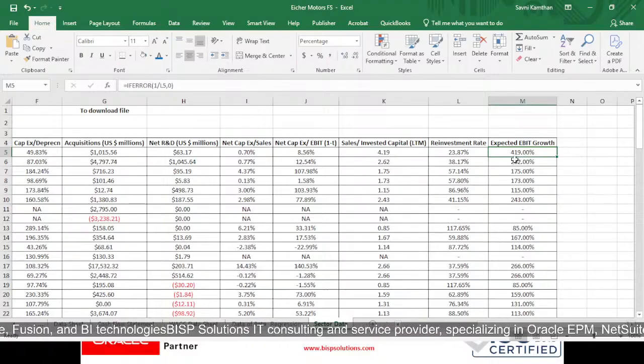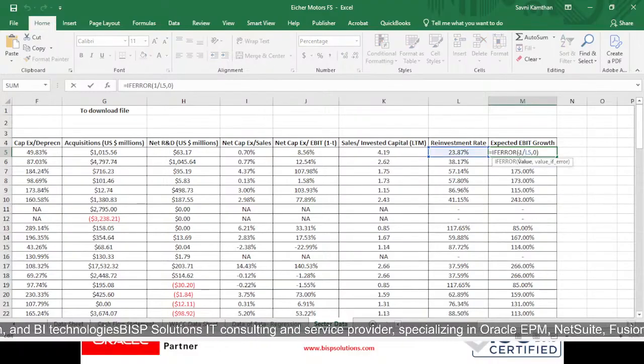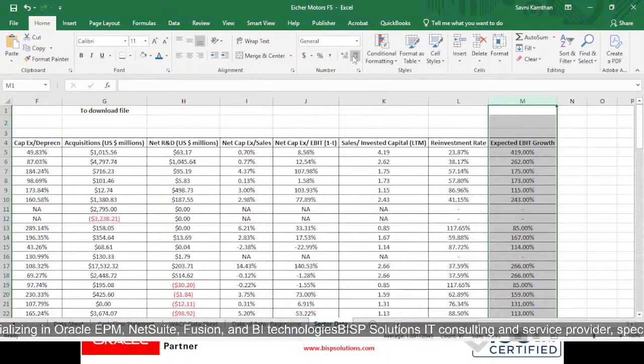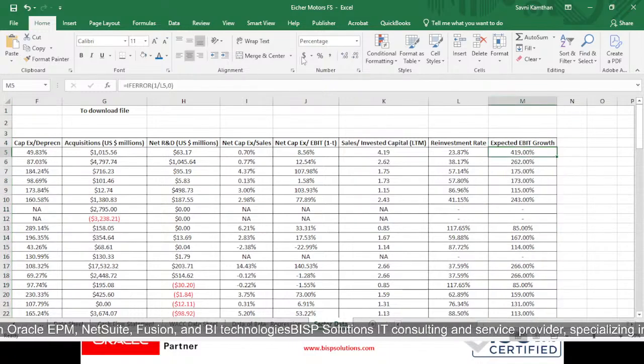For expected EBIT growth, what I have done, I have taken IFERROR again, and I have divided 1 by my reinvestment rate, and I will be getting my expected EBIT growth, which is 419.00 percentage, or we can say 419 percentage, right? Okay, so I don't want these two.